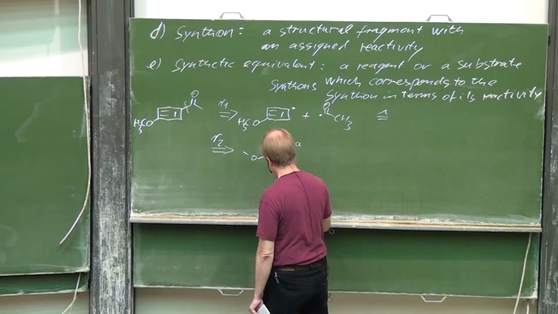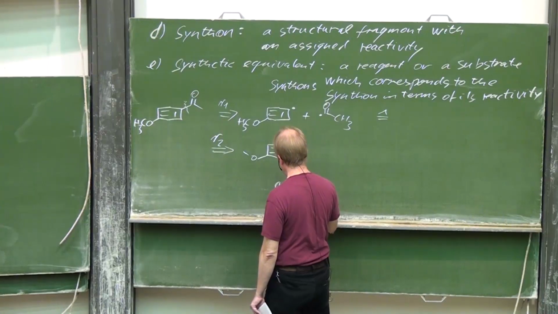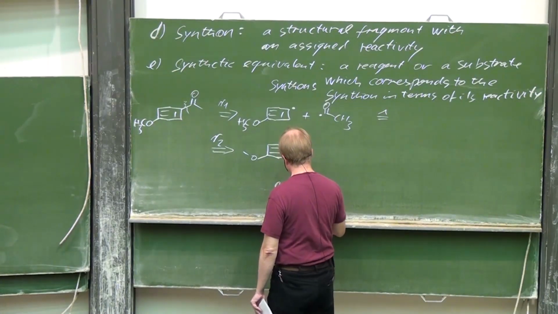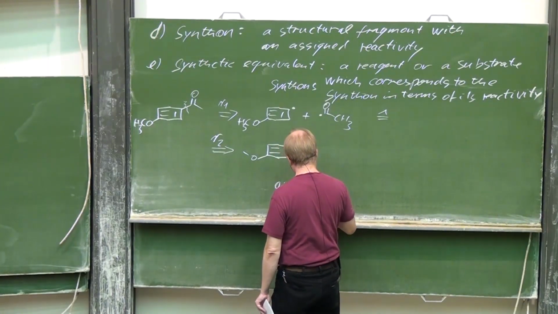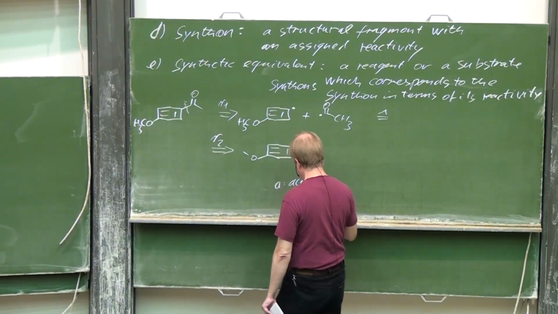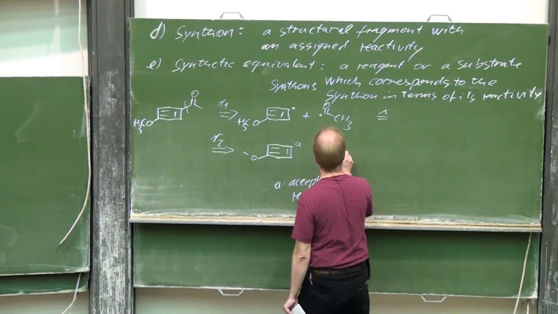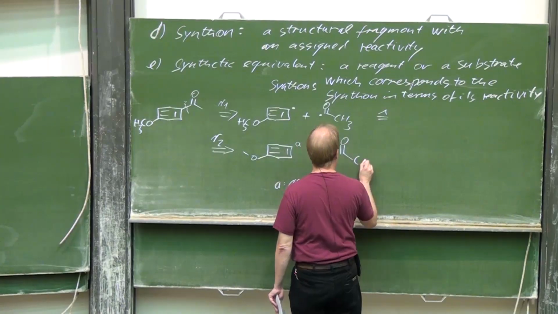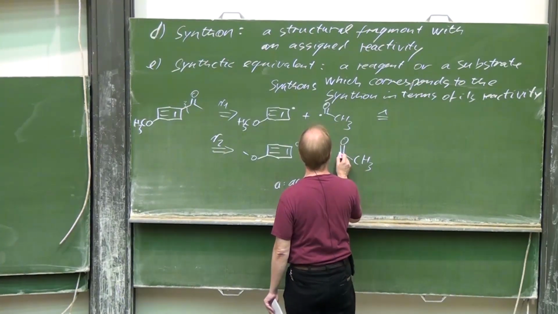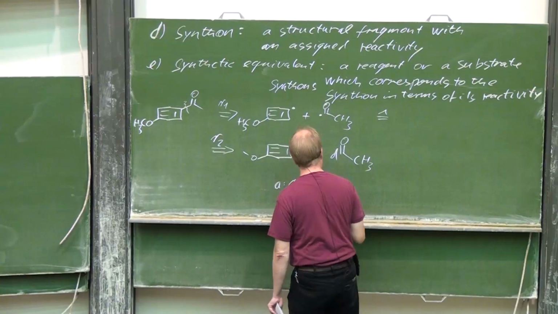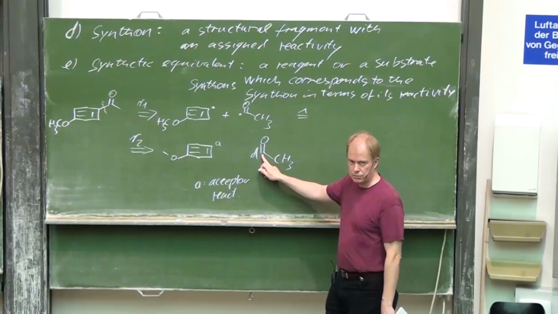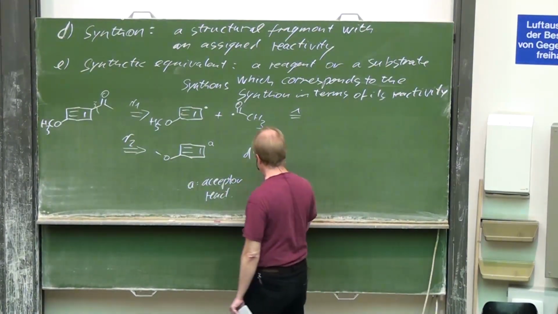So, A should be an abbreviation for acceptor reactivity, and on the other hand, donator reactivity at this position.